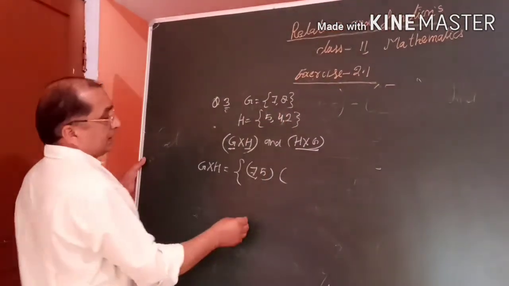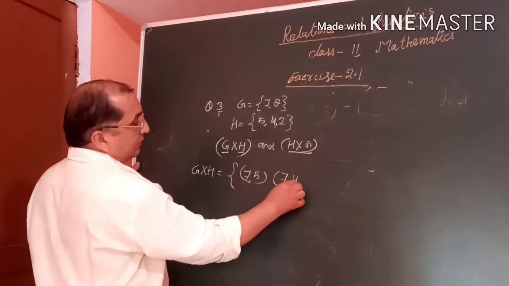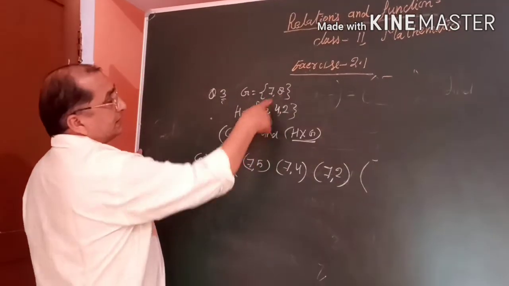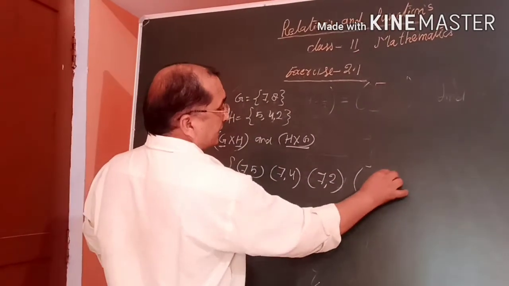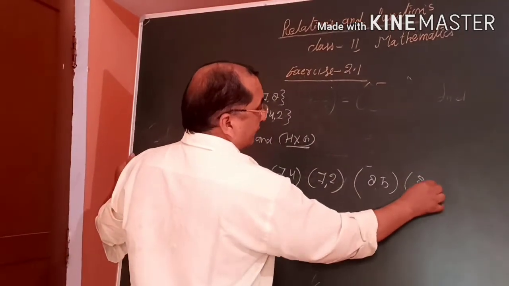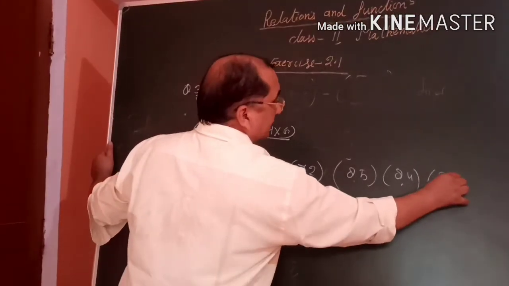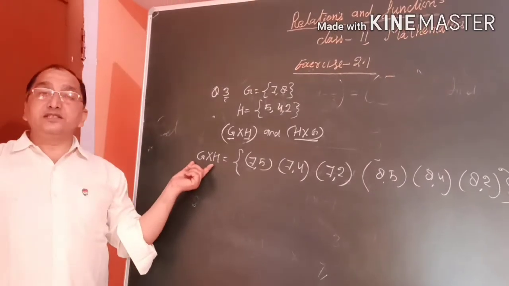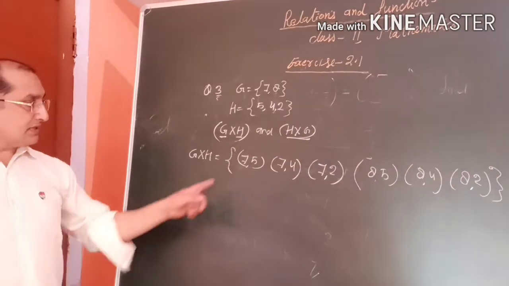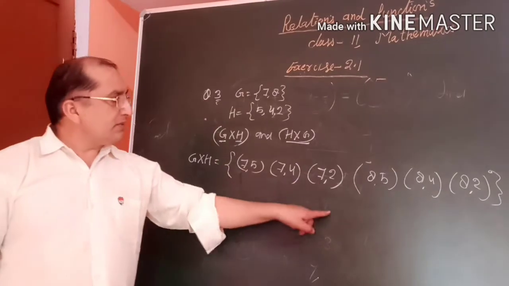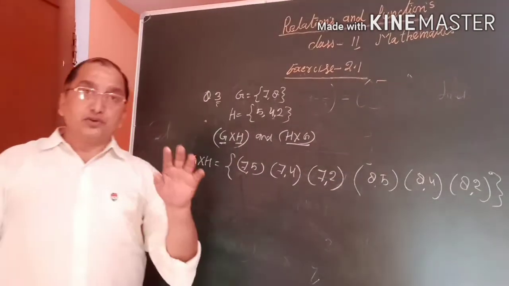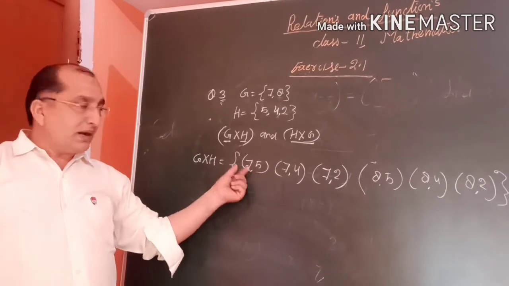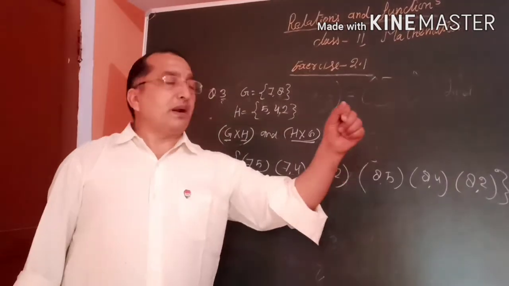So 7, 4 and 7, 2, and then 8, 5, 8, 4 and 8, 2. These are known as G cross H. In this case, 7, 7, 7, 8, 8, 8 are the domain; the first element is the domain part and the second elements are the codomain part.